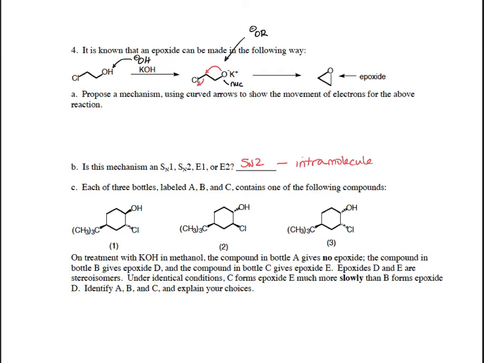The key thing to realize with this, to make this epoxide, is that the O minus, the nucleophile, must be 180 degrees to that leaving group. They have to be opposite because that's SN2. Without that, you can't have an SN2.